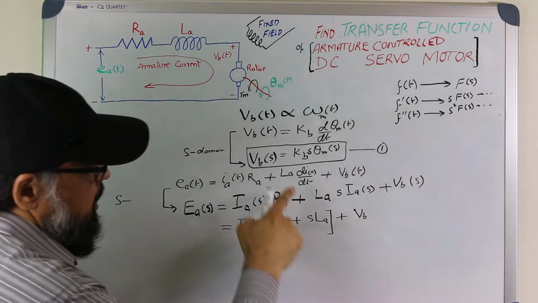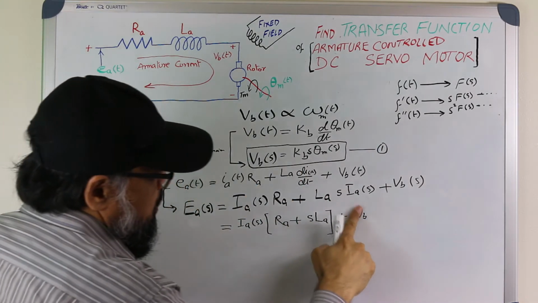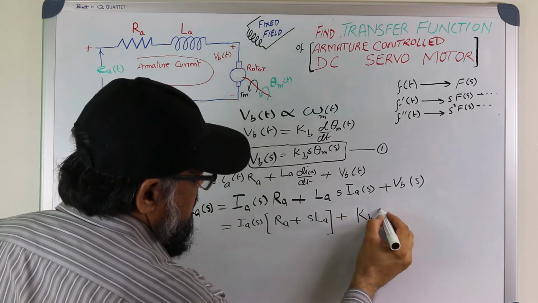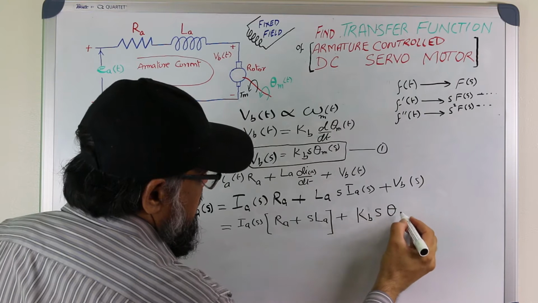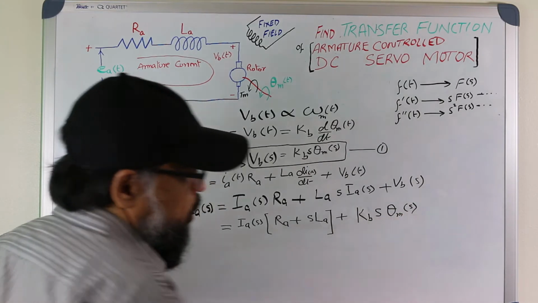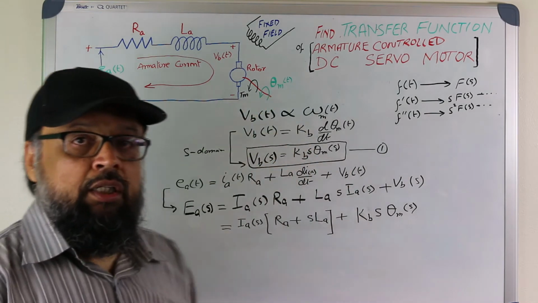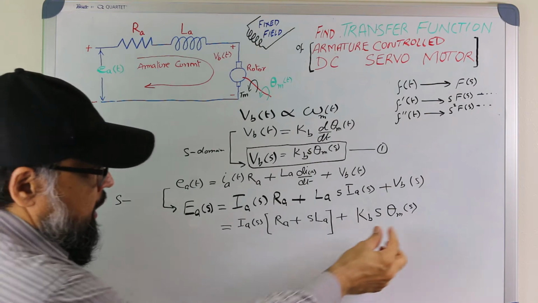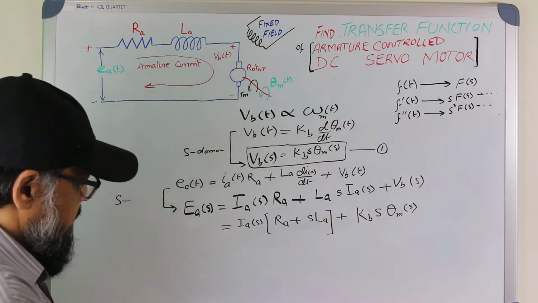Instead of VB(s), I can put this value, the constant of the motor, s and theta M(s), and this is also very important because this is our output. This is one of the parameters in our transfer function. So we have to find just the ratio between this and this.